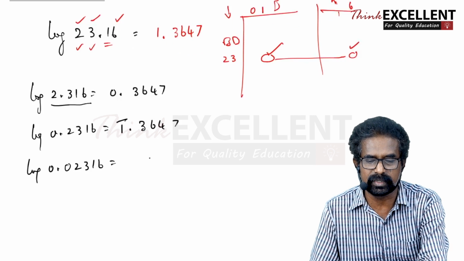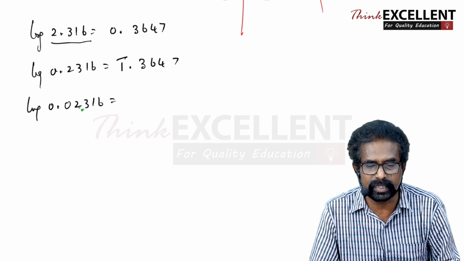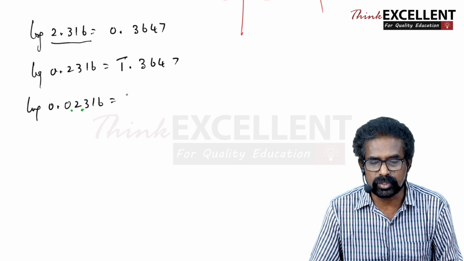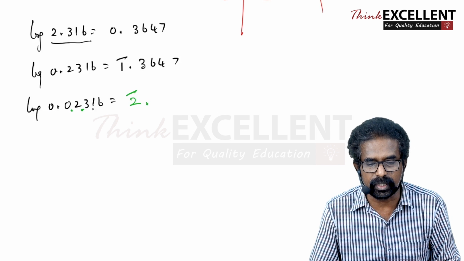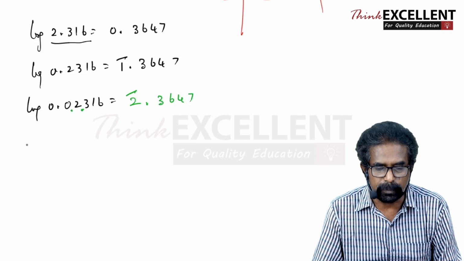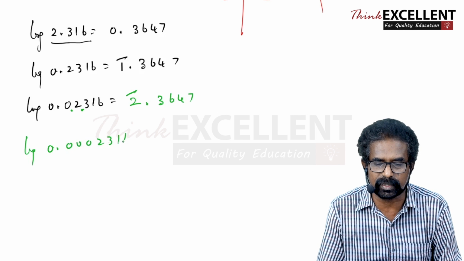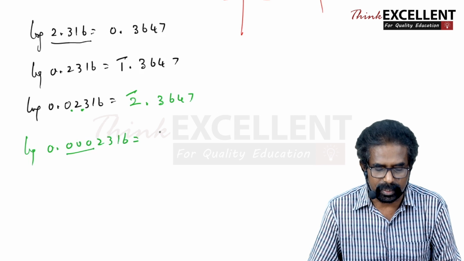Suppose the question is the log of 0.02316. Please listen very carefully. If the point comes here, that is 1 digit, 0 point. Here -1, here -2. -2 we write as bar 2 point. Now the zeros, leave them. 2316 is the same thing, 3647. Suppose it is the log of 0.0002316. Here there are 3 zeros, so write bar 4.